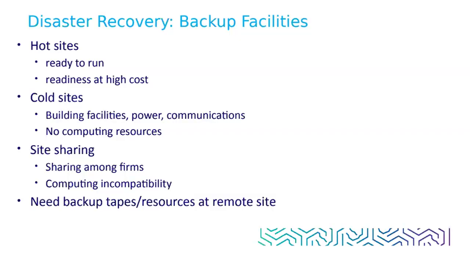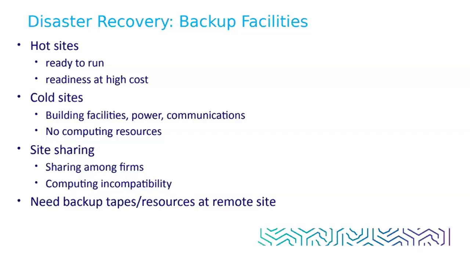There are three backup facility options: hot site, cold site, and site sharing. These facilities help organizations recover their computing operations after a disaster like fire, flood, earthquake, or other physical security incidents that may happen. Importantly, a hot site is ready to run but has a very high cost.